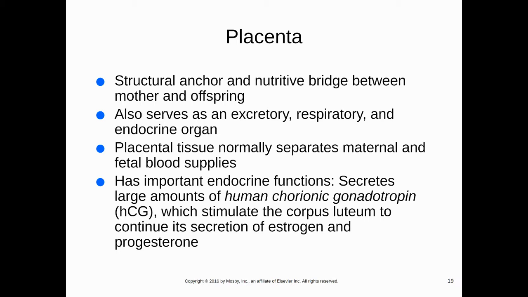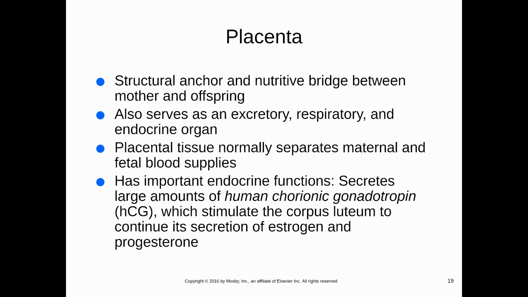Okay. It also serves as an endocrine organ, but it also works for respiration as well. That's why we talked about the baby's heart earlier in the semester. It has a little hole in it to prevent blood flow from going through the lungs, because the baby's lungs aren't developed yet. The blood all comes from the placenta. Okay.